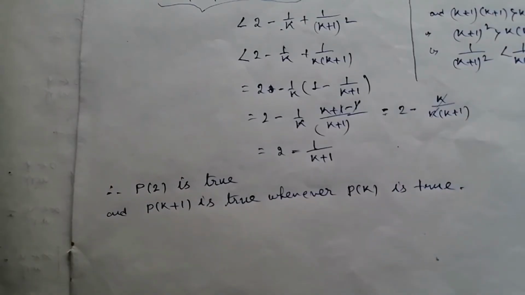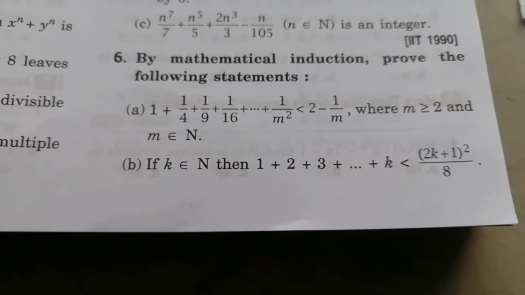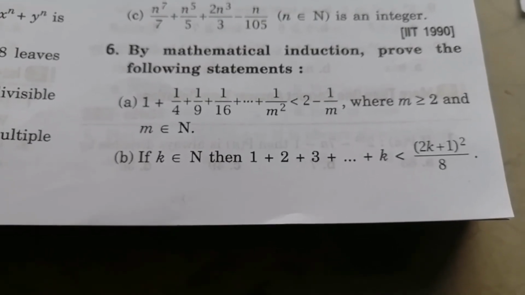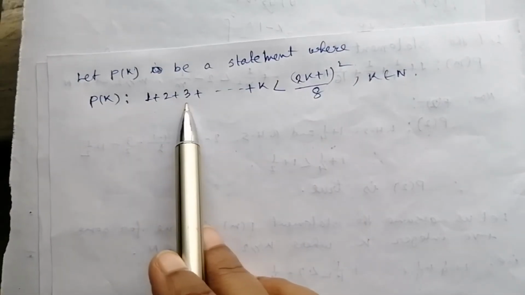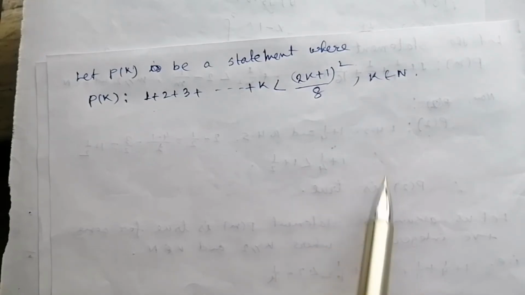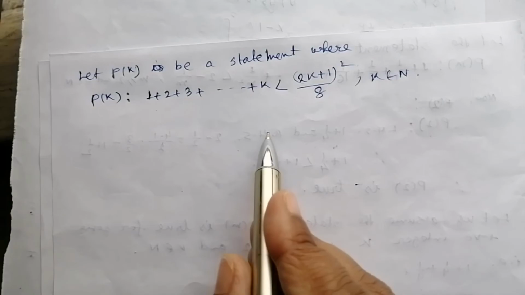Next, if k belongs to N, then 1 plus 2 plus 3 plus dot dot dot plus k is less than (2k plus 1) whole square by 8. Let P(k) be the statement: 1 plus 2 plus dot dot dot plus k is less than (2k plus 1) whole square by 8. Now we have to prove that P1 is true.